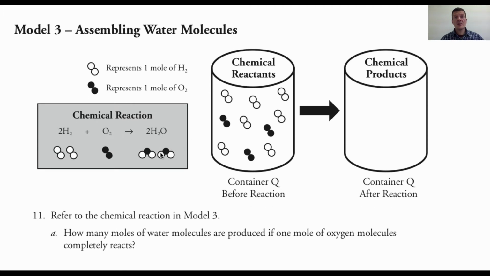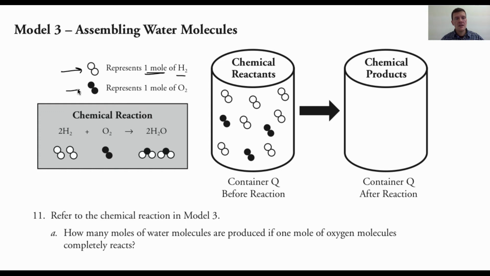All right, now we're looking at chemistry. It's going to come back to chemistry. We're going to apply this now to the concepts that we've been talking about with mole ratios and limiting or excess reactants. Each of these diagrams represents a mole, not just a particular molecule, but 1 mole of hydrogen molecules.